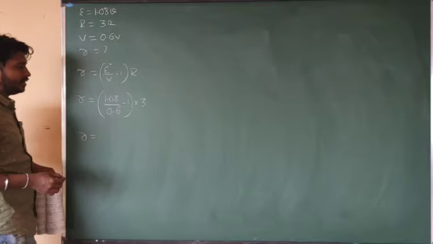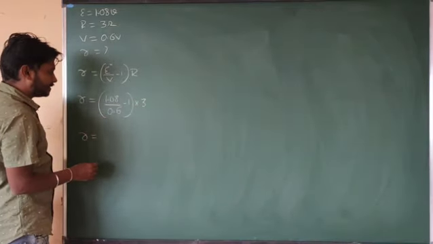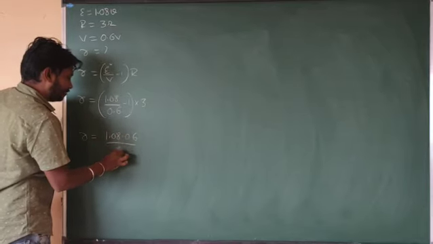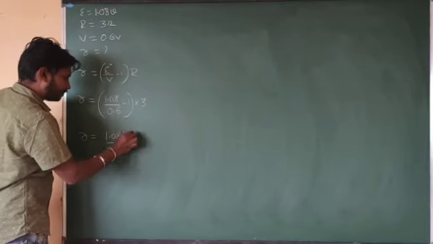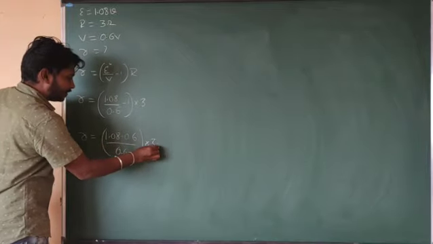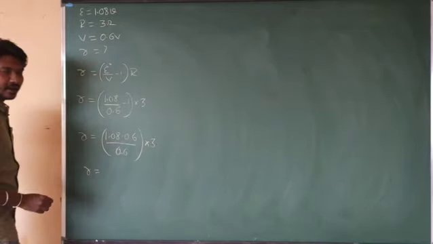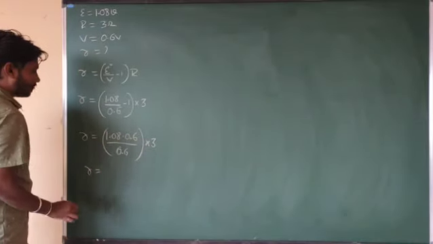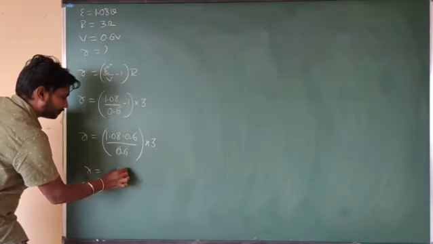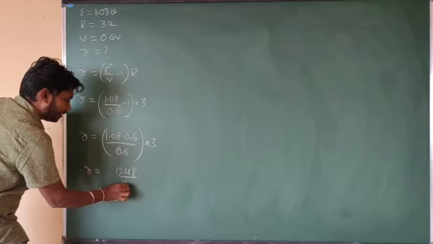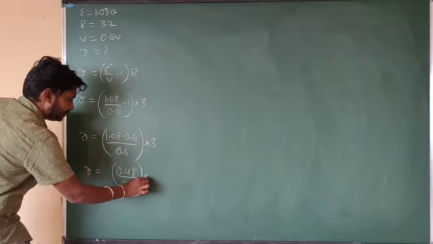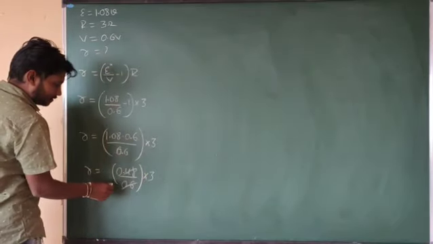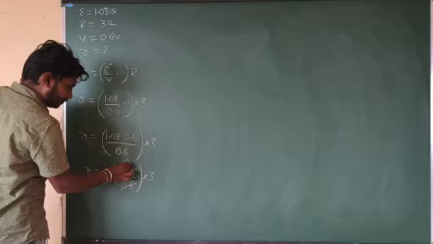So 1.08 minus 0.6, divided by 0.6, into 3. Just make the simplification and you will get the internal resistance of the cell. So 1.08 minus 0.6 is 0.48, divided by 0.6 into 3. 0.48 divided by 0.6 is 0.8.